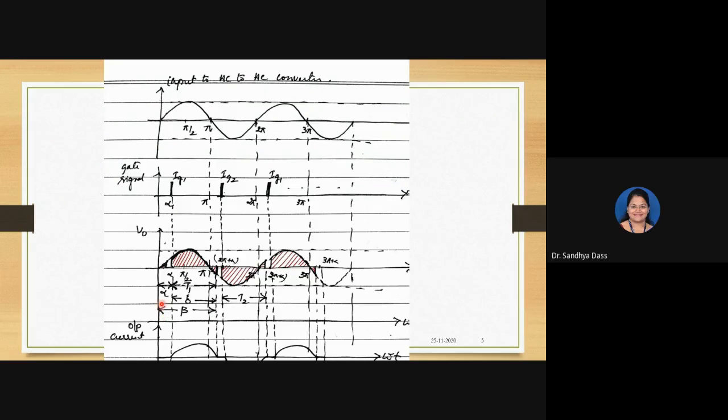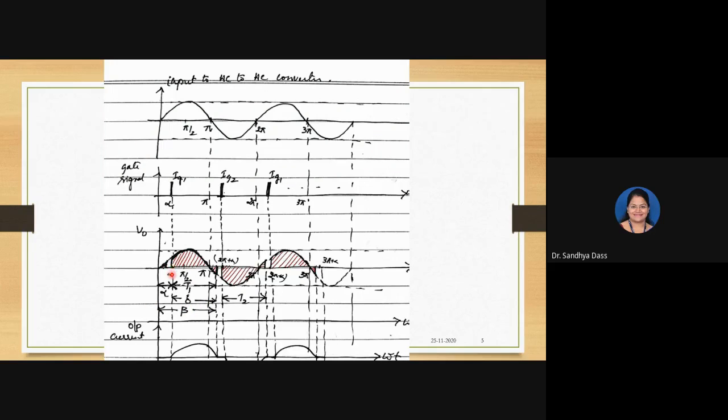From 0 instant till when thyristor T1 is conducting is called beta, which is called extinction angle. That means the duration at which the thyristor will turn off. Till then it is from 0 to the time at which the thyristor will get turned off, called beta, which is extinction angle. Obviously from the waveform it is understood, the gamma which is shown here.